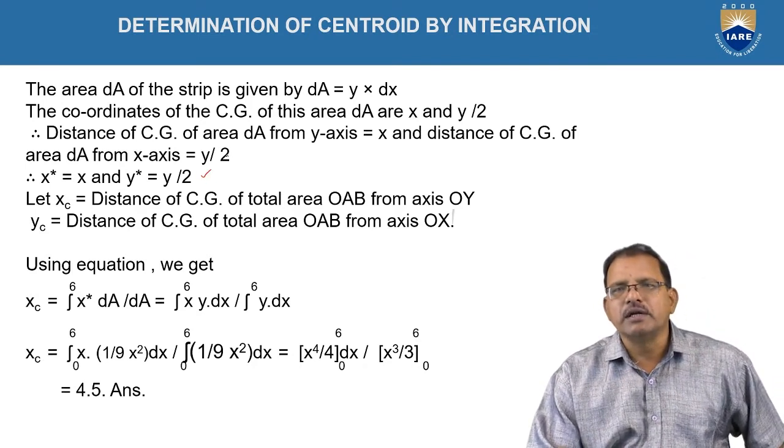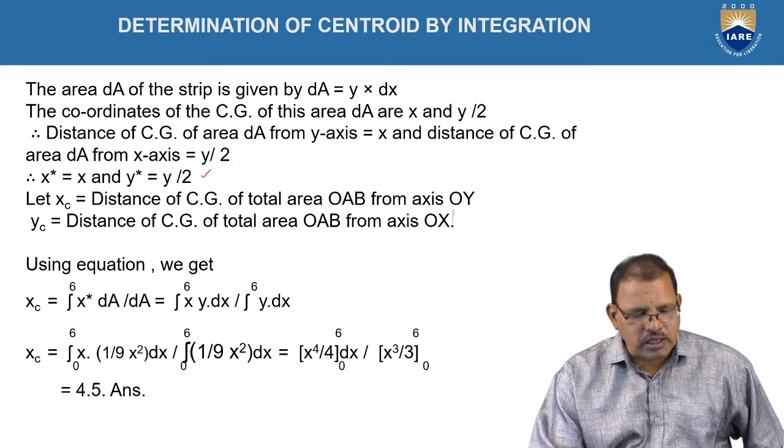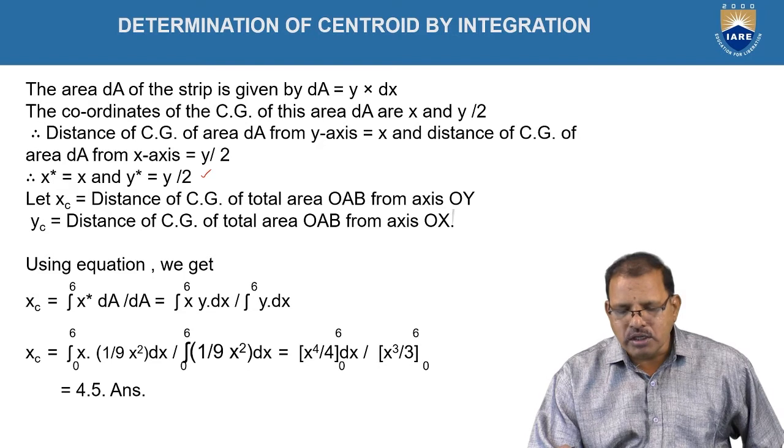Now xc is representing the distance of CG of the area OAB from the y-axis. Similarly, yc is representing the distance of CG of the total area OAB from the x-axis as shown in figure.